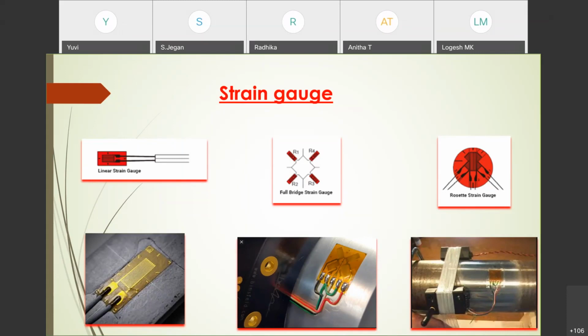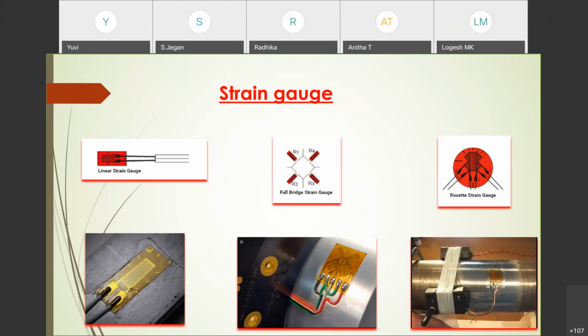Similar to the accelerometer, here also we have two types of strain gauge: linear strain gauge and rosette strain gauge. A linear strain gauge is a single gauge that you paste to measure strain values in a single direction. Whereas you can use the rosette strain gauge to measure strain values in 3 different directions at a time.